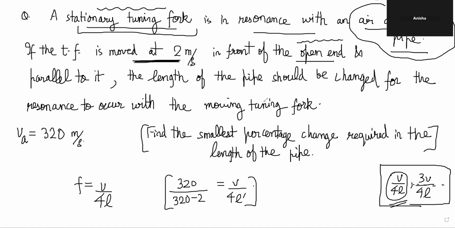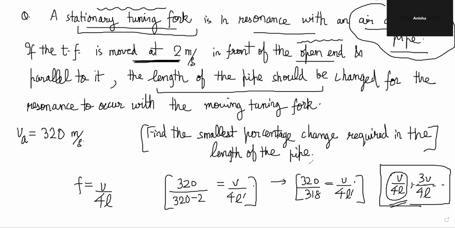For the new resonance, the length has to be changed, right? Do you understand what I'm saying? So we are getting 320 by 318 is equal to V by 4L dash, correct?